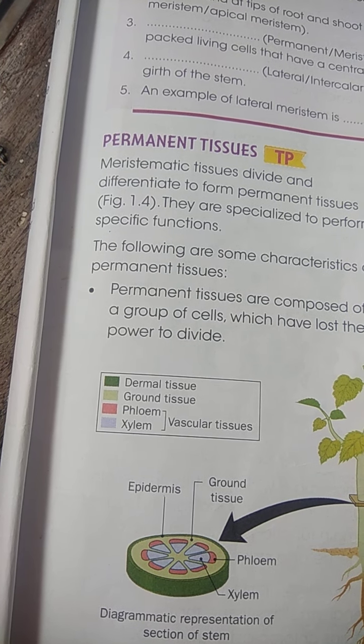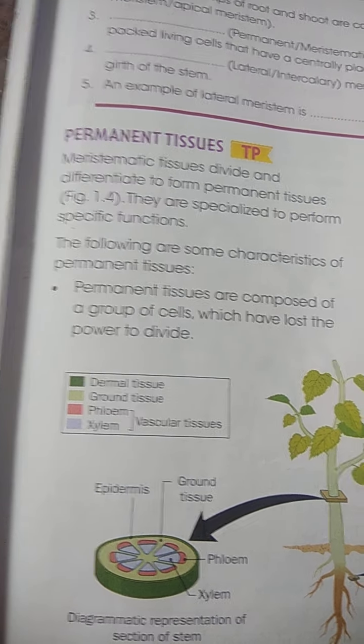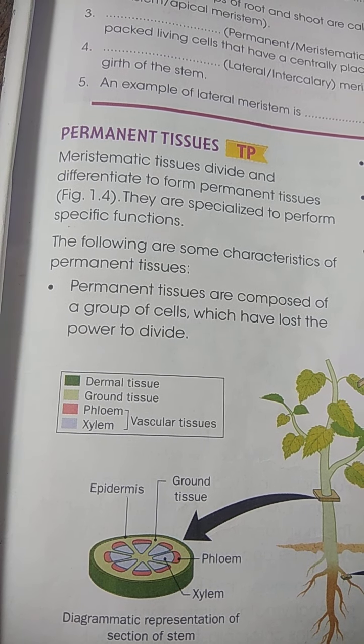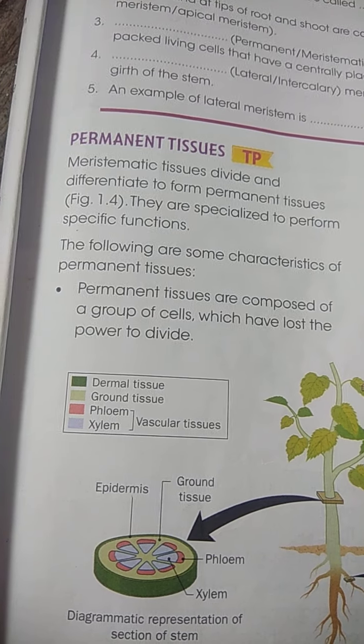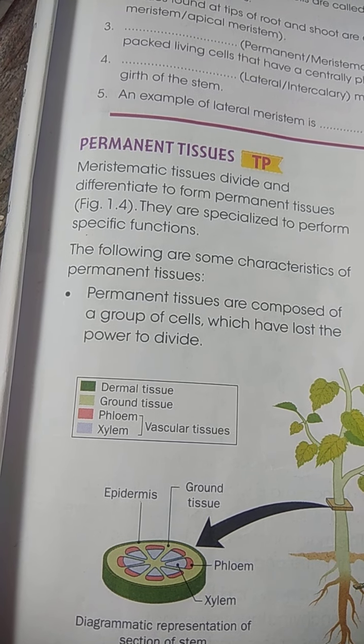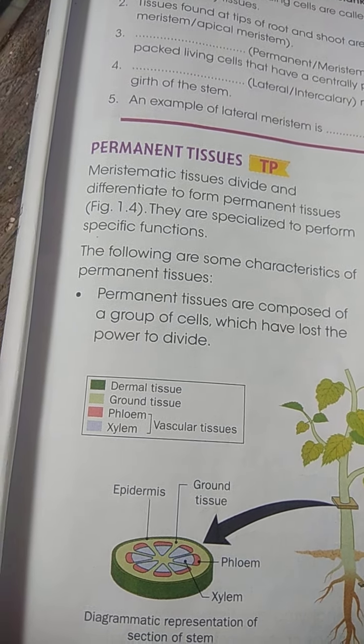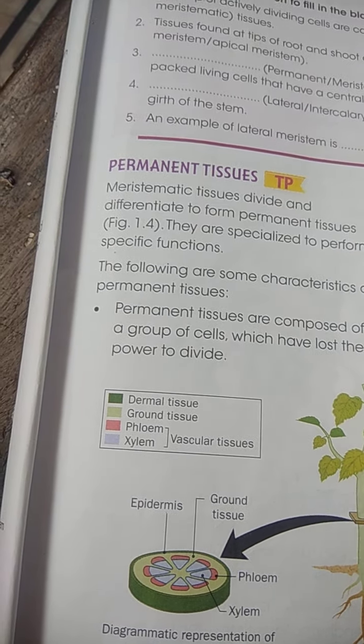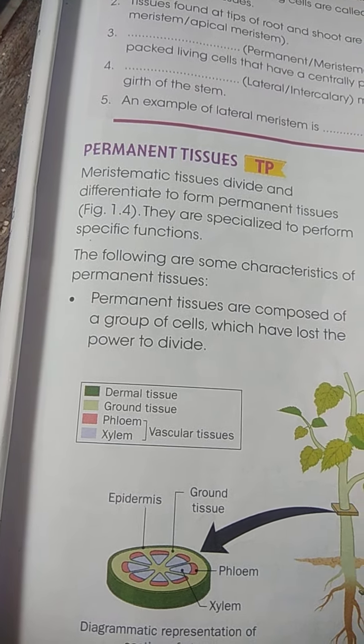So they are known as permanent tissues. It means meristematic tissues are the actively dividing cells. When these cells lose their capability of division, then they are known as permanent tissues.